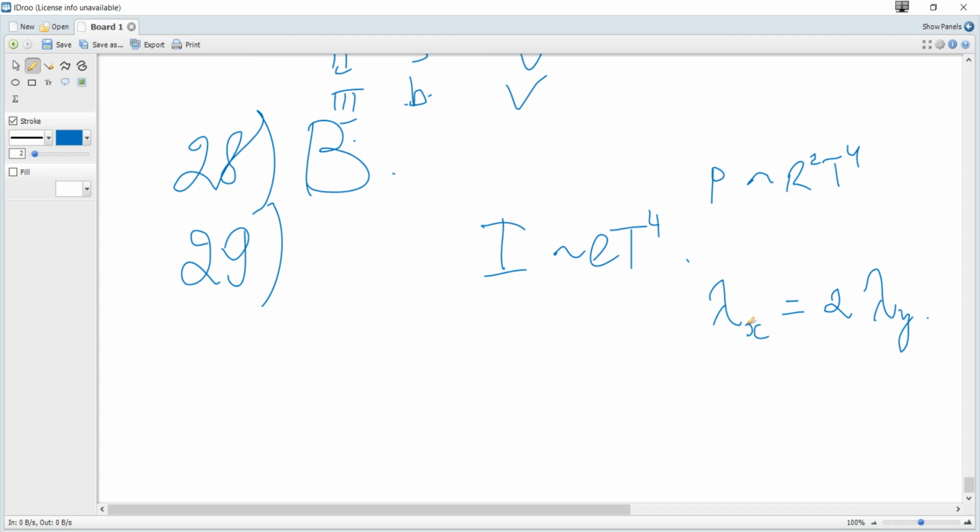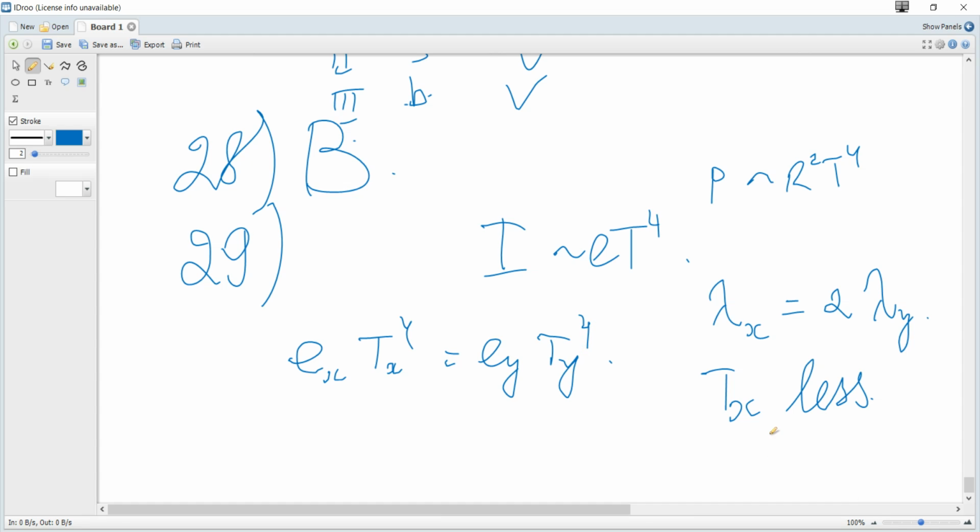So if lambda X is greater, the temperature of X is less. And for the same intensity, Ex Tx to the power of 4 is equal to Ey Ty to the power of 4, and Tx is less, so for the product to be the same, the emissivity of X must be larger.